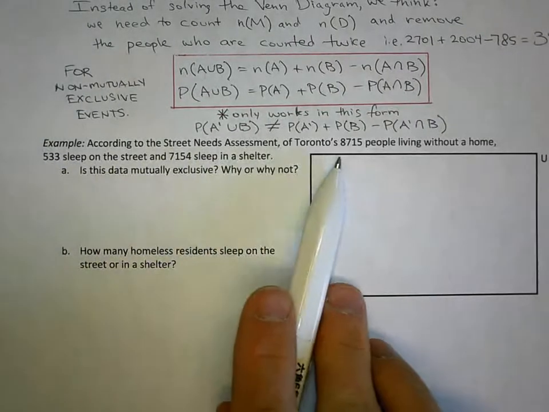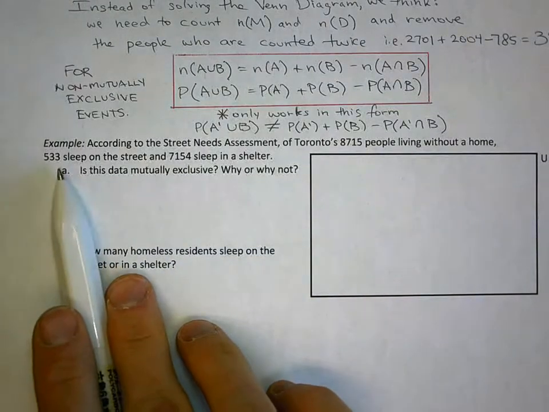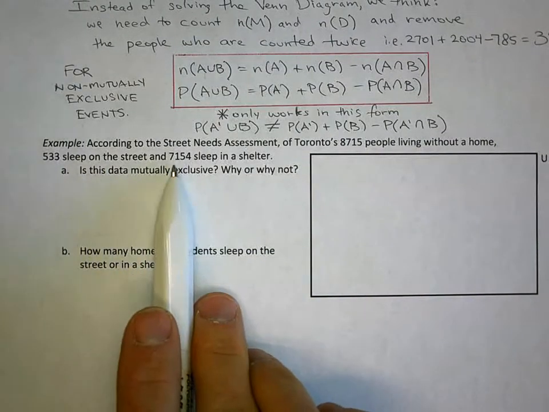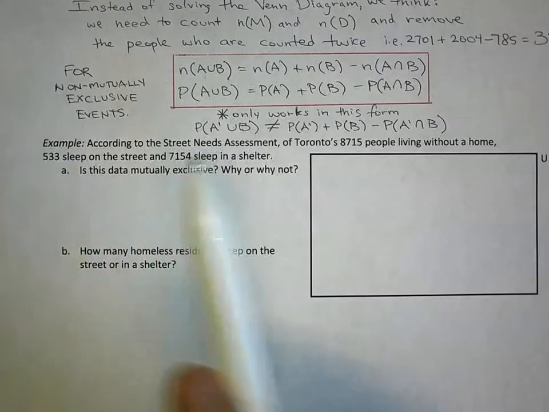According to the street needs assessment, of the 8,715 people living without a home, 533 sleep on the street and 7,154 sleep in the shelter. Is this data mutually exclusive?